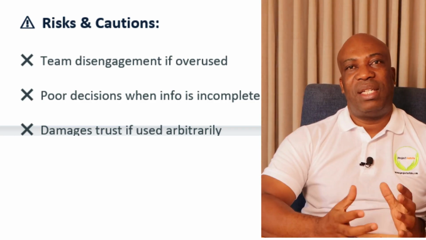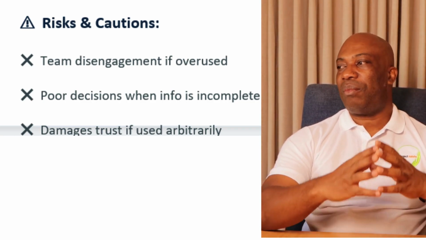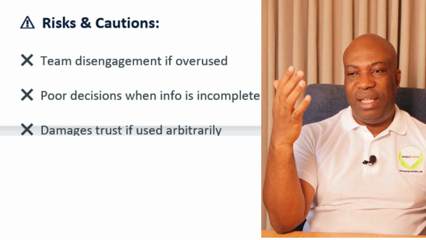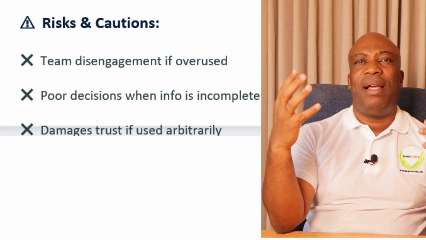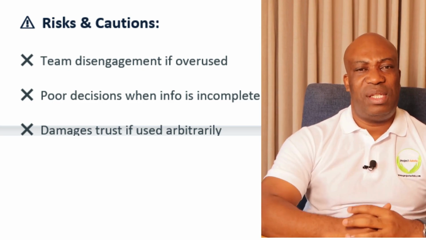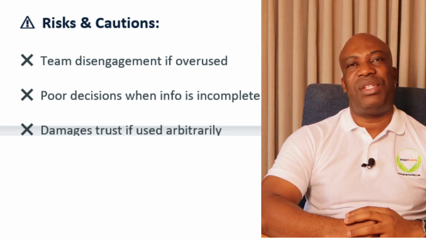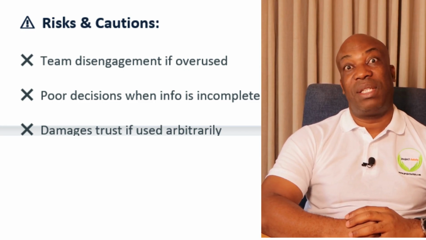So when it comes to autocratic decision making, you have to be very, very careful before you take any action. And in some cases, if you just use it arbitrarily, it might damage trust. People might not trust you in your decision, especially if previously you've made some decision which was poor and which led to some negative consequences.